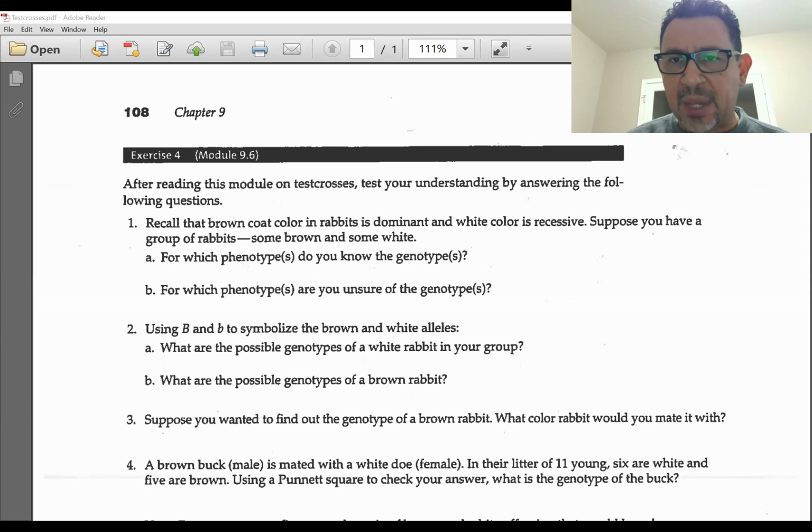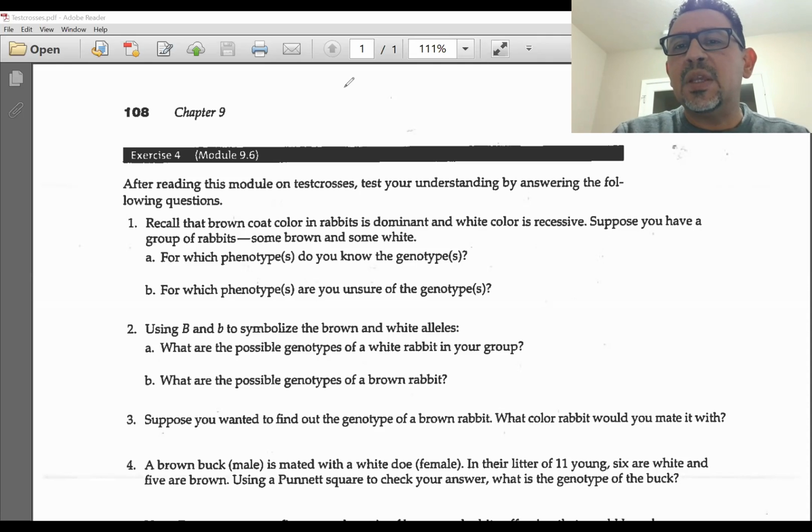Remember the strategy that I proposed you should always follow whenever you're working with any of these breeding problems or genetics problems. And I told you the first thing you want to do is figure out the genotypes of the parents. Always begin there. So we have brown coat rabbits, and I'm going to see if I can annotate now.